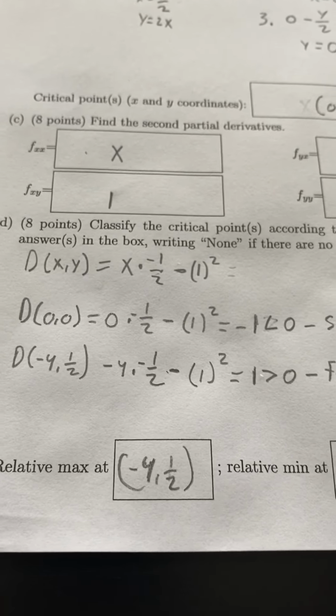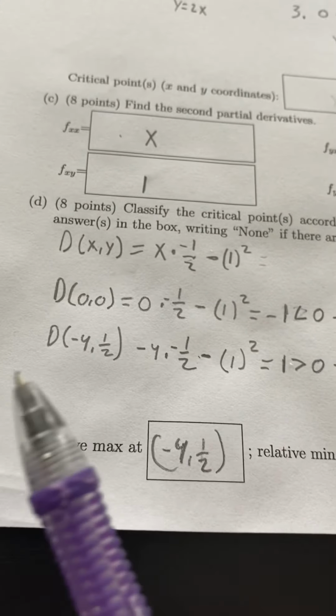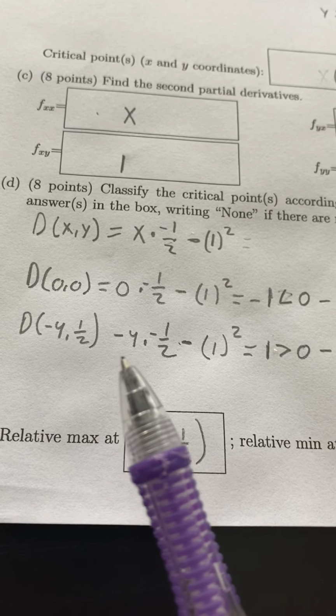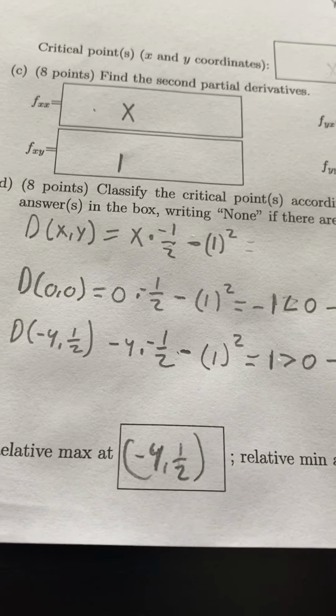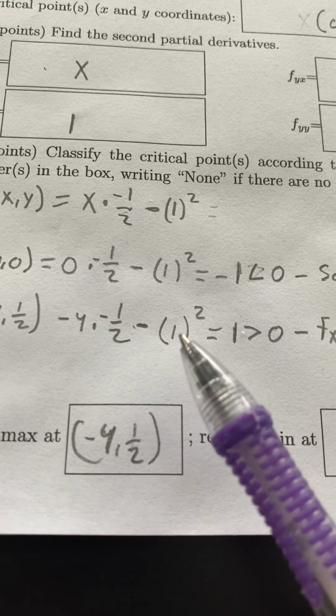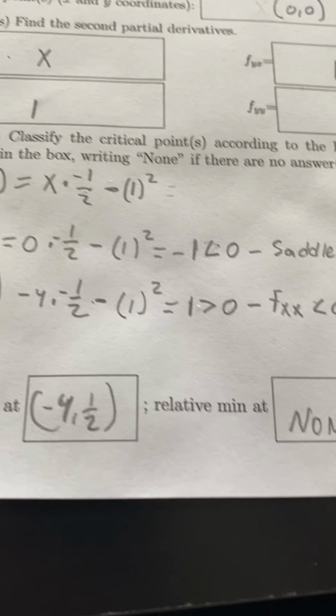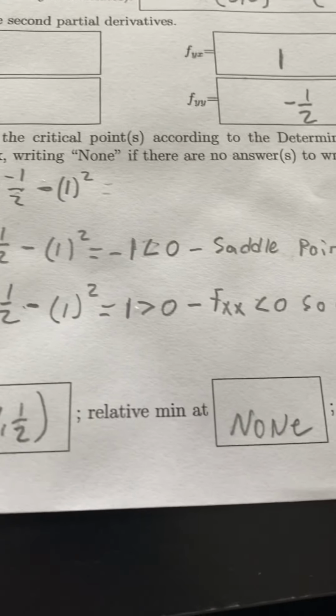Then I do it again for the second point. So I have my saddle point right there at 0, 0. So I'd plug negative 4 in for x and negative 1/2 in. So I'd have negative 4 times negative 1/2 minus 1 squared, which would give me 1, which is greater than 0.